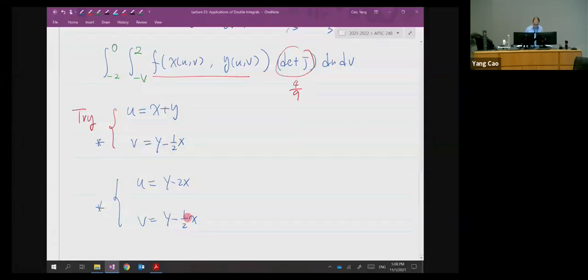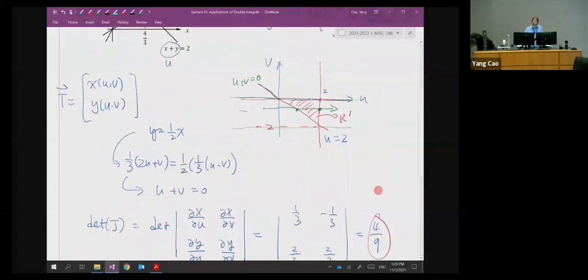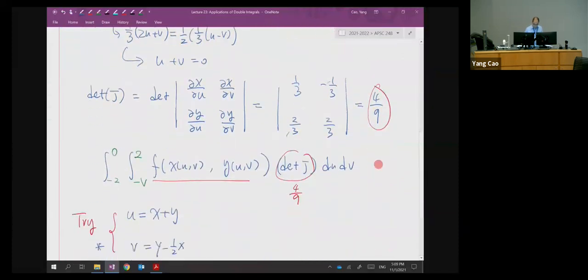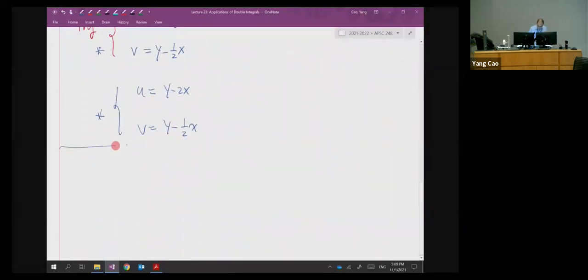So I want you to try this, and you can also plot what the region R prime looks like if you use this change variable, and what the R prime looks like if you use this change variable. Certainly it won't be a triangle like this, but it's still going to be a triangle actually. So either way, it will be simpler calculation than the traditional approach.